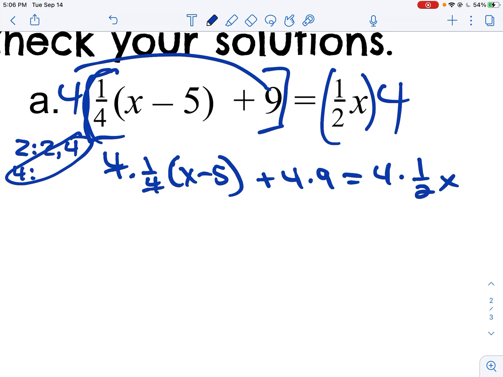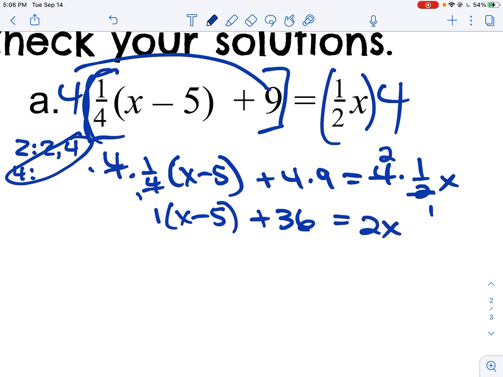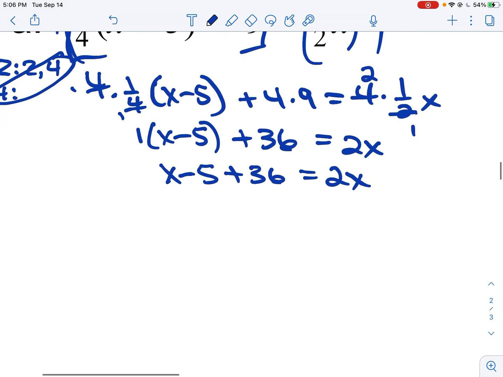4 goes into 4 one time, so that has me with 1x minus 5 plus 36 equals 2 goes into 4 two times, so 2x. So this gets me x minus 5 plus 36 equals 2x.